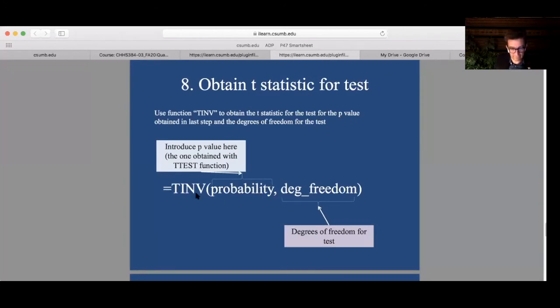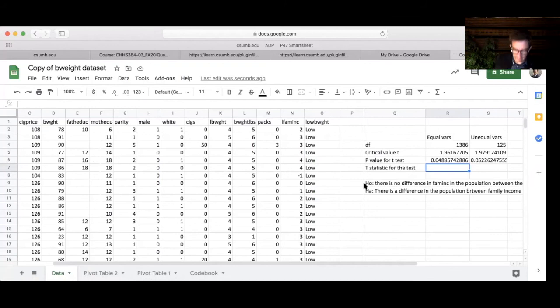Again, this function, t inverse, the p-value and the degrees of freedom. So equal to t inverse, and we're going to put this p-value there, and the degrees of freedom is 1,386.